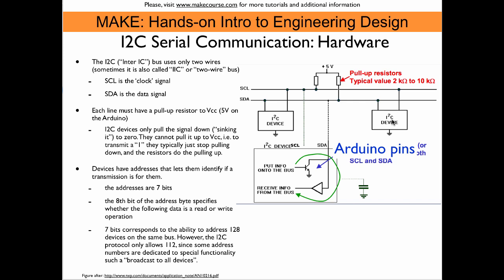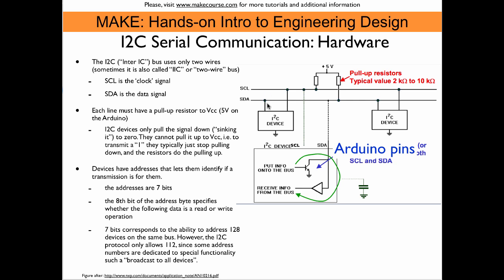So they are essentially only able to sink current, but not to supply it. That is the reason why the I2C bus, which stands for Inter-IC, is also sometimes called the 2-wire bus or the IIC bus, because of this 2-wire feature.